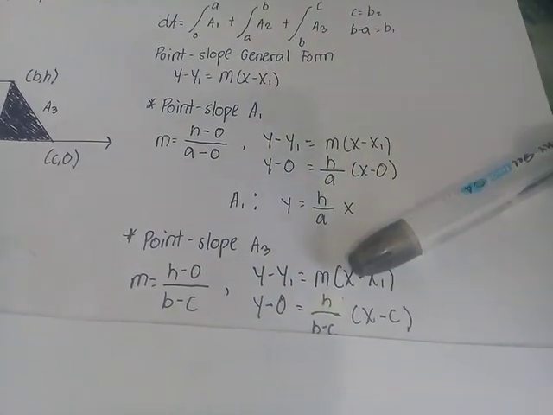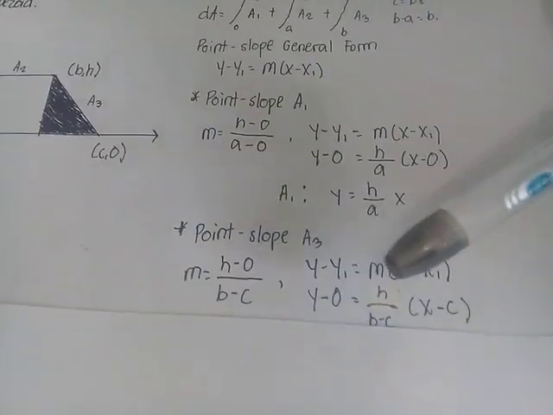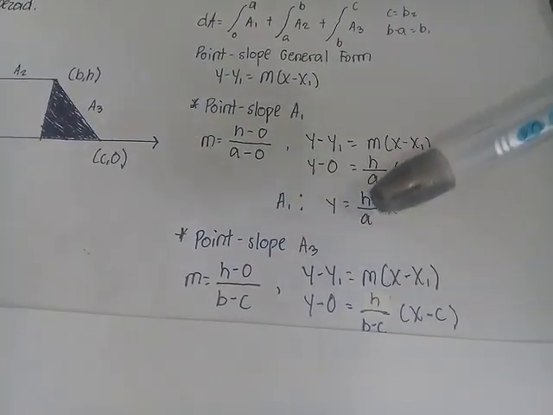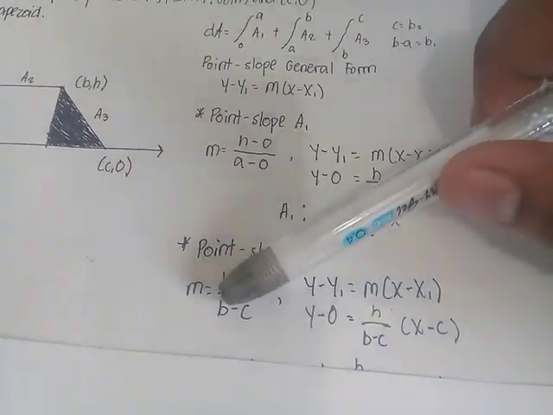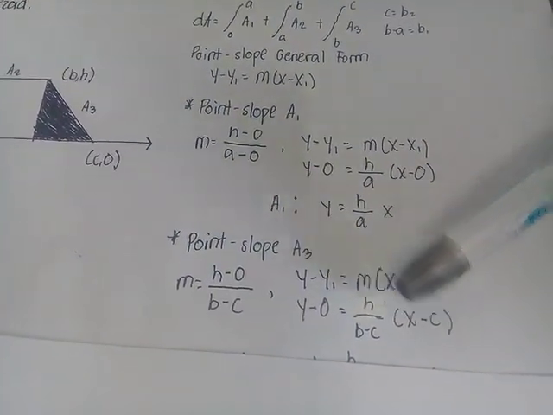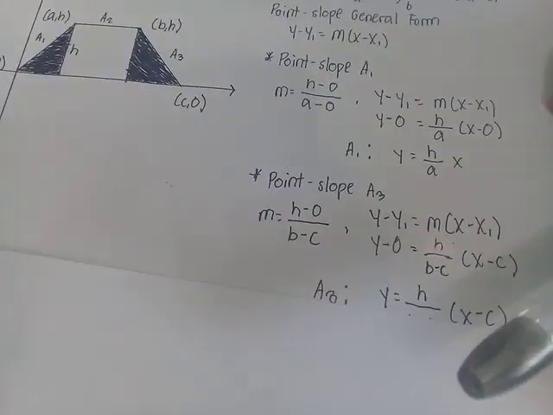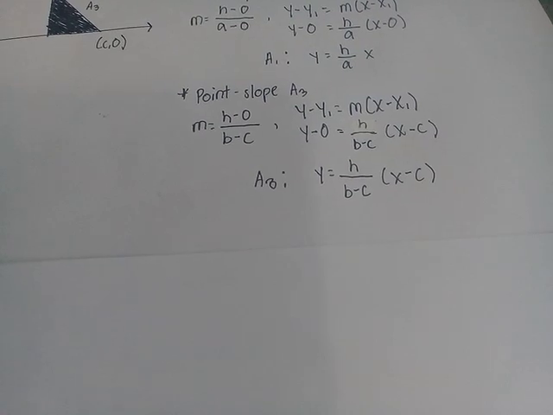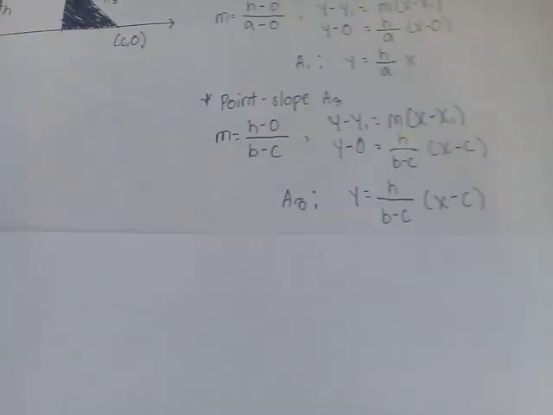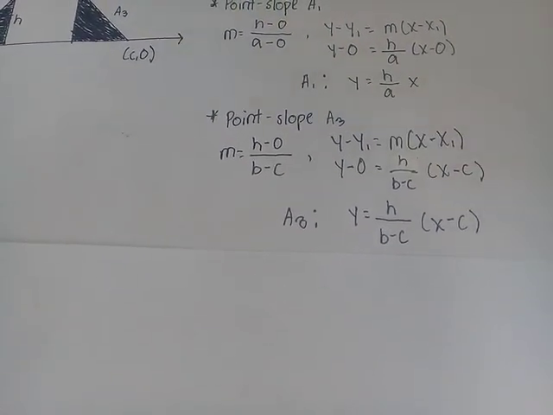So using the general form, we have y minus 0 equals, substituting m here, h over b minus c, then x minus c. So this will be our point slope form for A3.